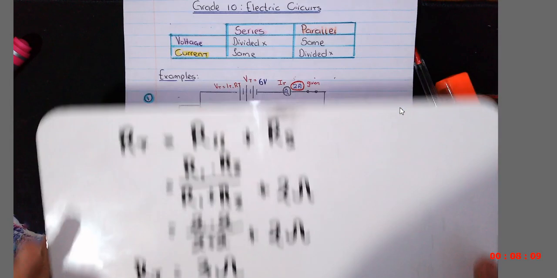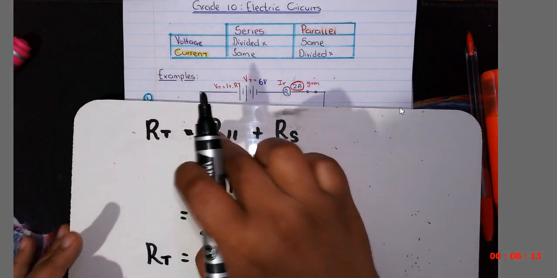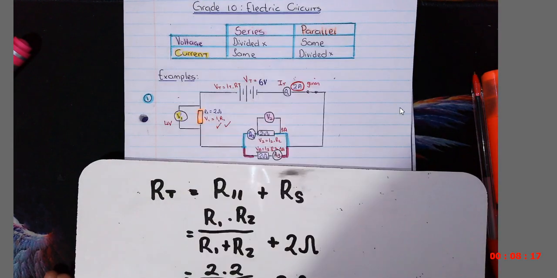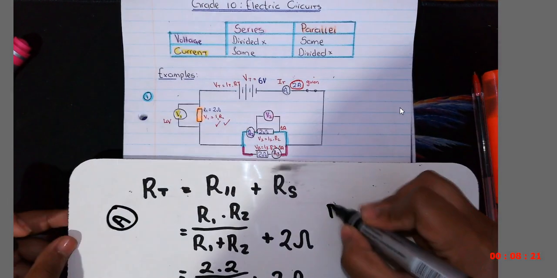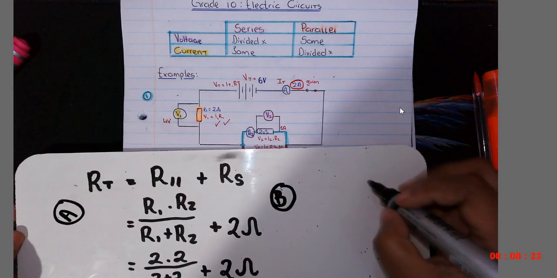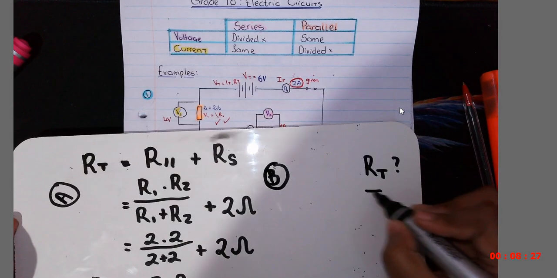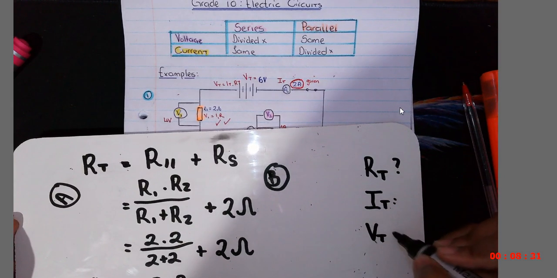So that is the one way, 3 ohms, by using the individual resistors and calculating the totals. That is option A. Option B: because we want R total, we need to use I total and V total, and we have both these values.